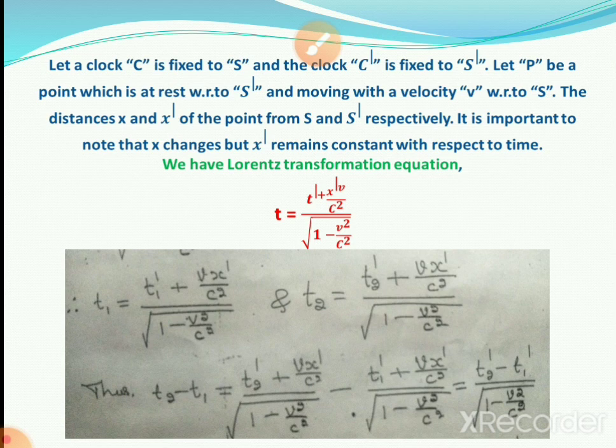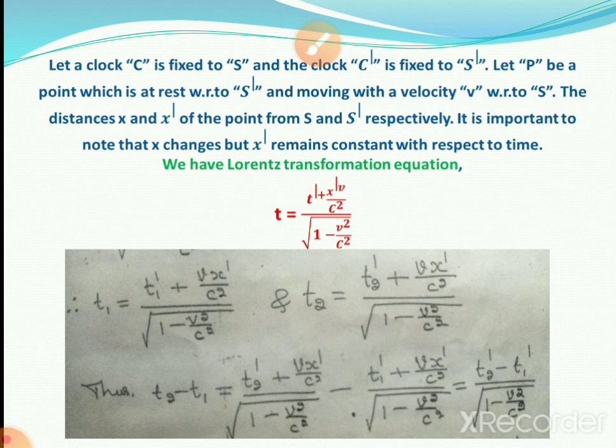And t is equal to t dash plus x dash v divided by c square, whole divided by square root of 1 minus v square by c square.